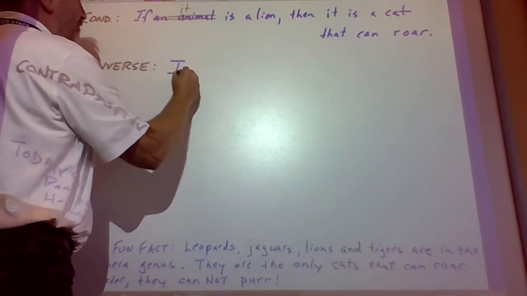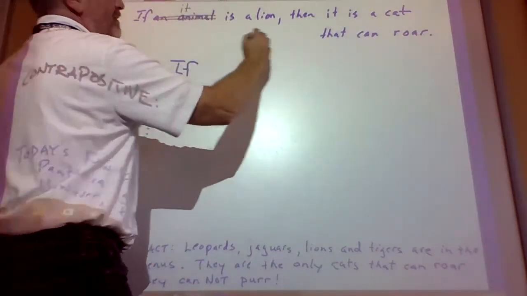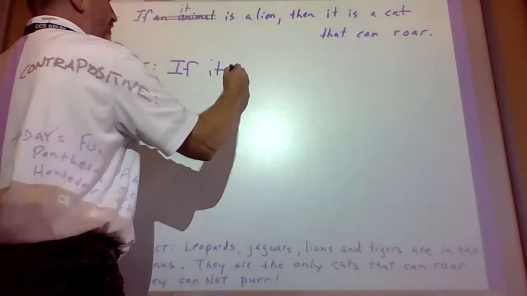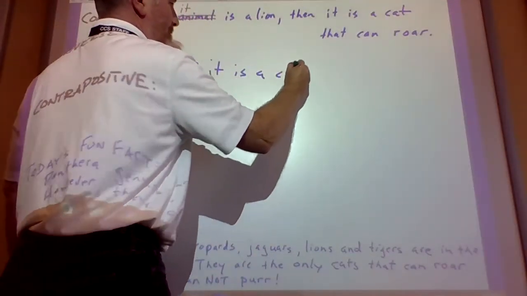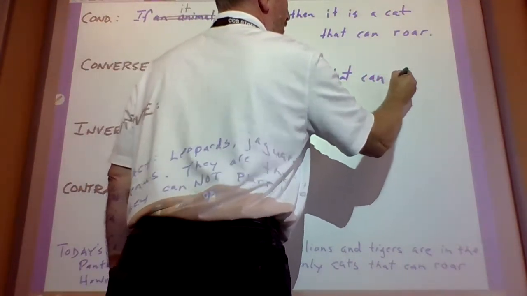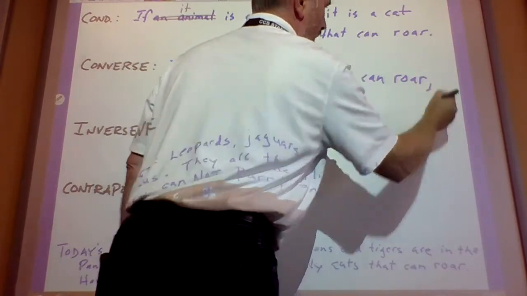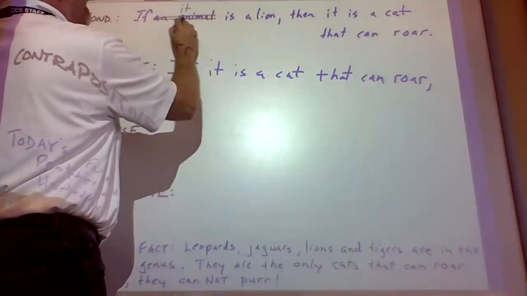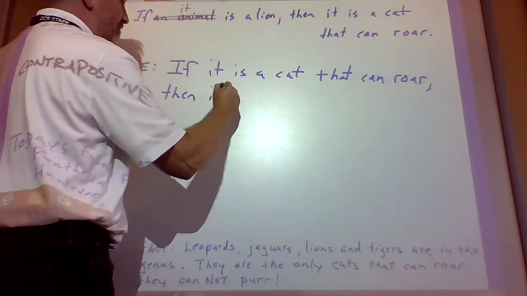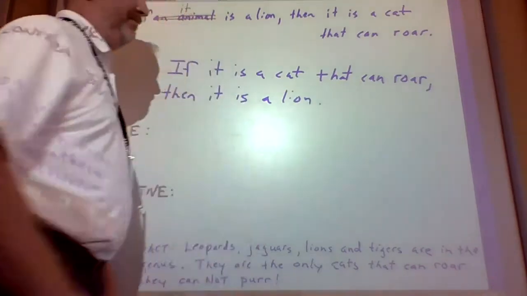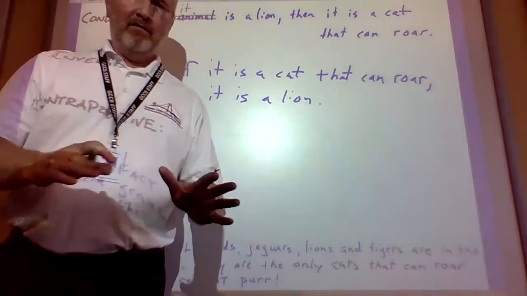So: if it is a cat that can roar, then it is a lion. Bam.